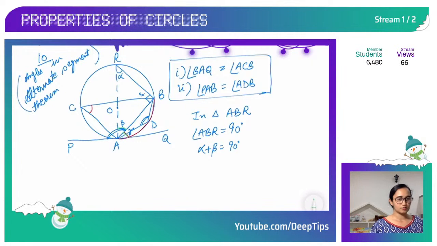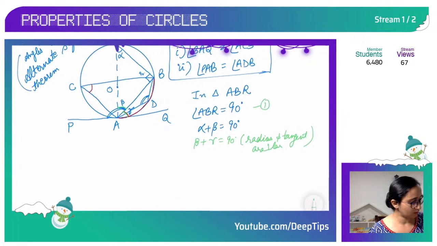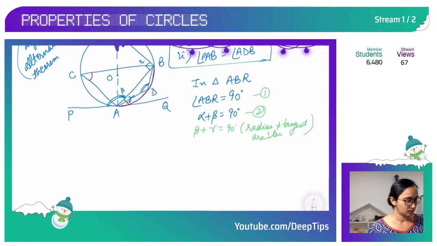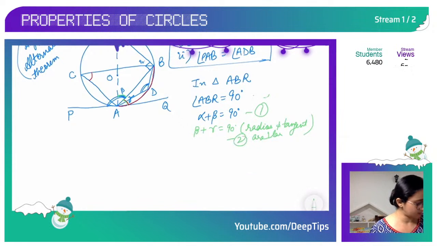So beta plus gamma is also 90 degrees, children, because we know that radius and tangent are perpendicular to each other, correct? So if we look at the first and second equation, yeah, this is my first one and this is my second one.